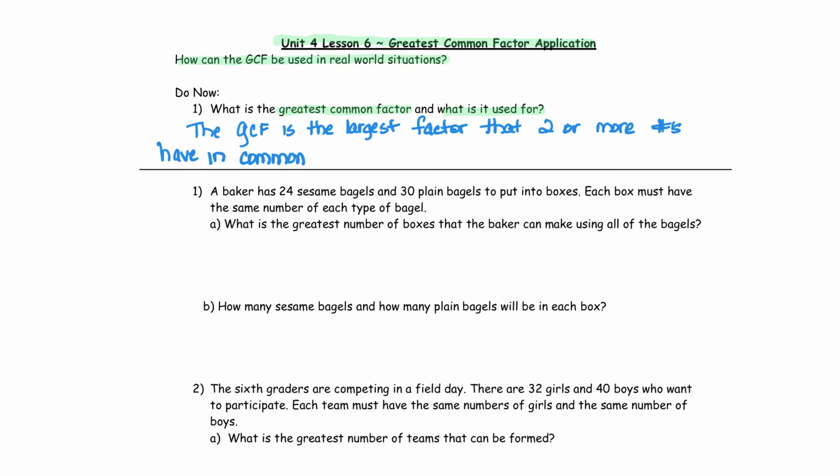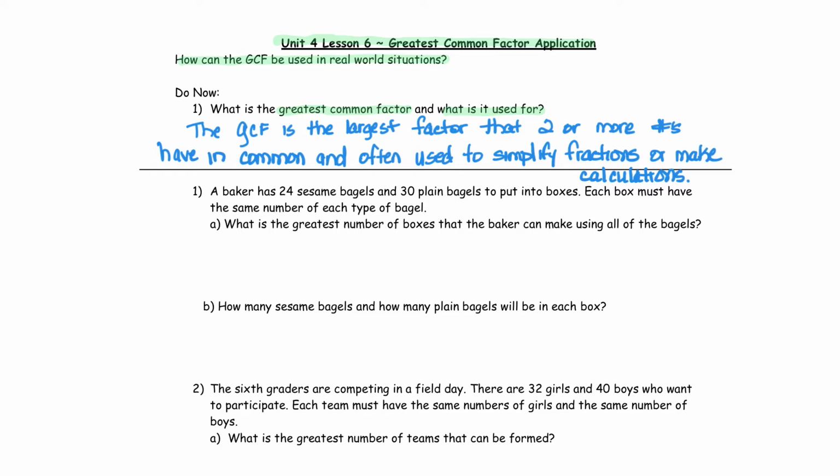So the GCF is the largest factor that two or more numbers have in common, and it is used to simplify fractions, or as we're going to see today, in real-world situations where certain things have to be calculated. Please make sure you get that down and that you understand what the definition means.